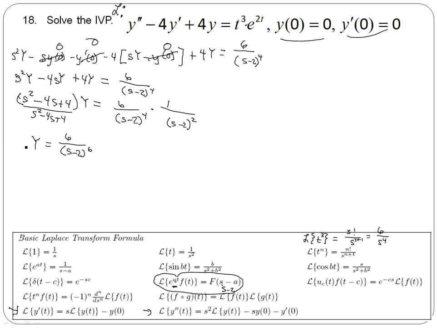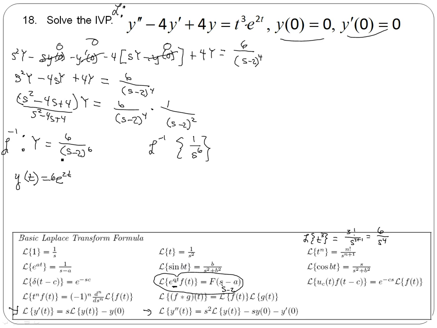And now we can apply the inverse transform. And that'll give us y of t is equal to, and let me see, here I have a shift of 2, that's going to give me an e to the 2t, and what I want to know is, well, let me keep the 6 out, and then I want the inverse transform of 1 over s to the 6th.